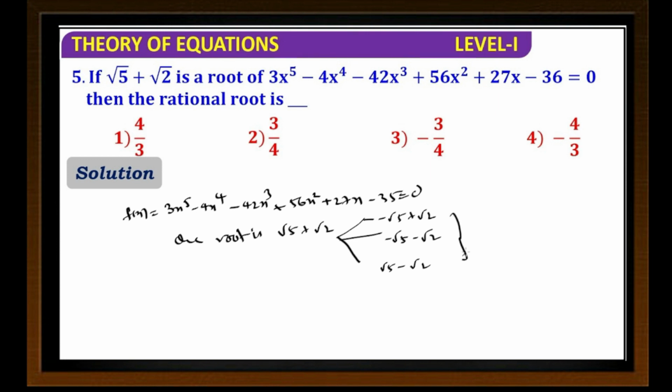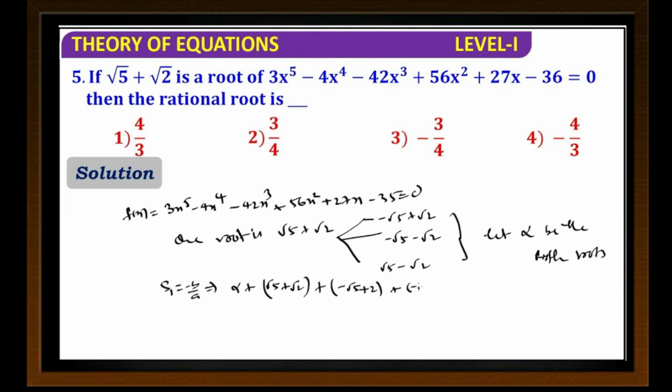So let alpha be the fifth root. Now we have S1, the sum of the roots, which is minus b by a. The first root is alpha, the second root is root 5 plus root 2, plus the next root minus root 5 plus root 2, plus minus root 5 minus root 2, plus root 5 minus root 2, equals minus of minus 4 by 3, that is 4 by 3.